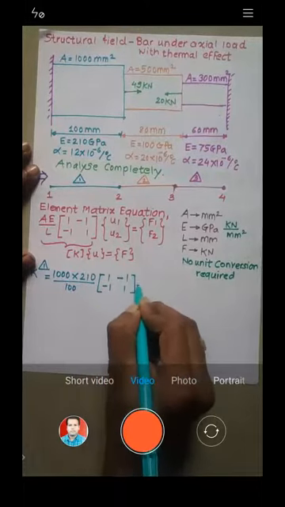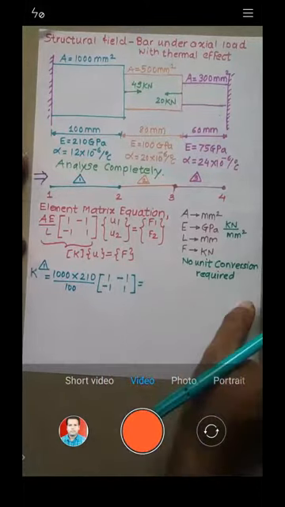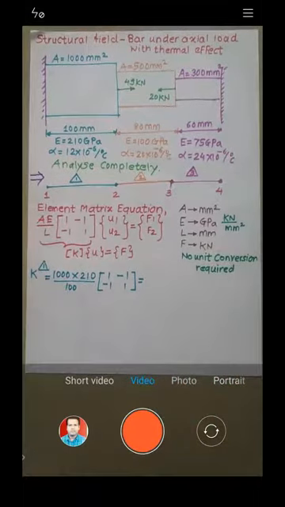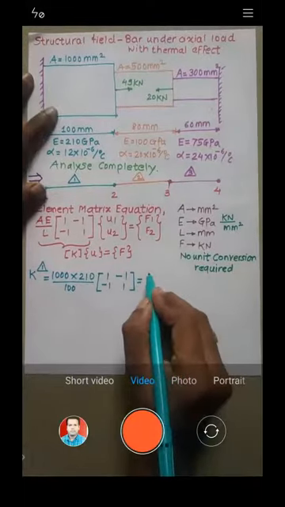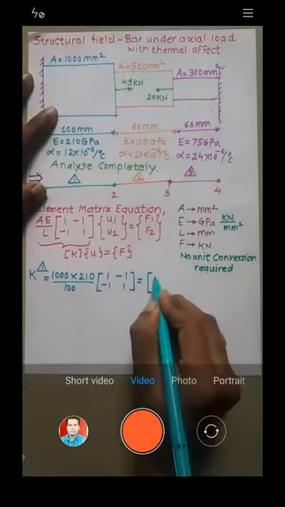Just calculate this and let me know how much you're getting. Do it fast. 2100. Is that okay?